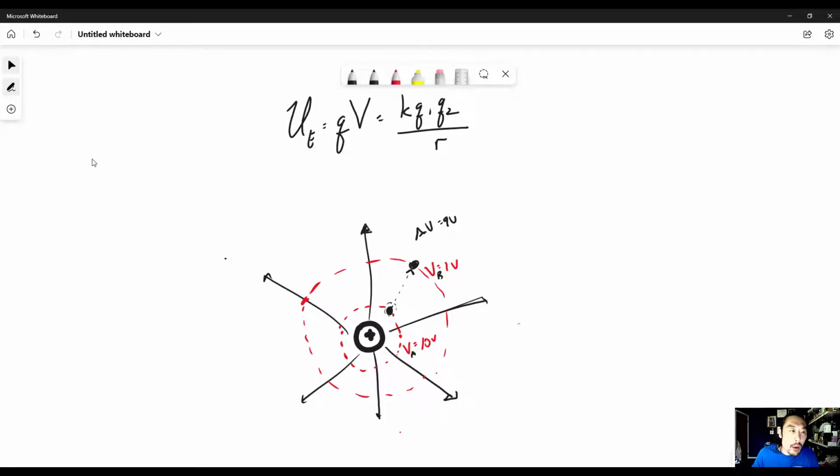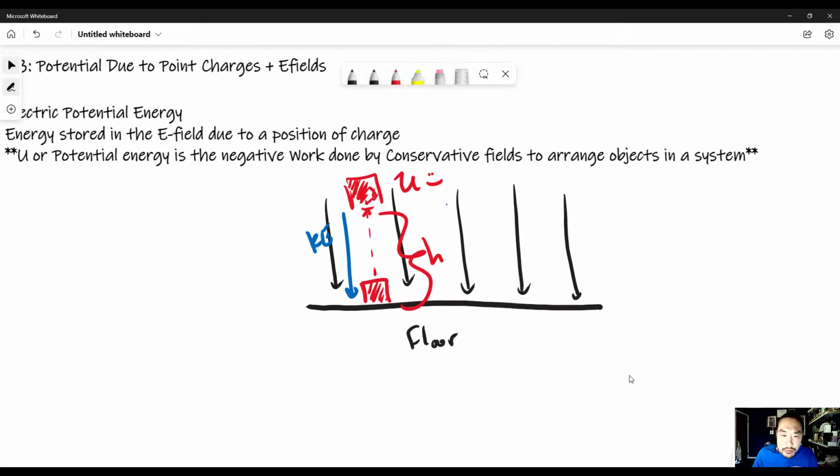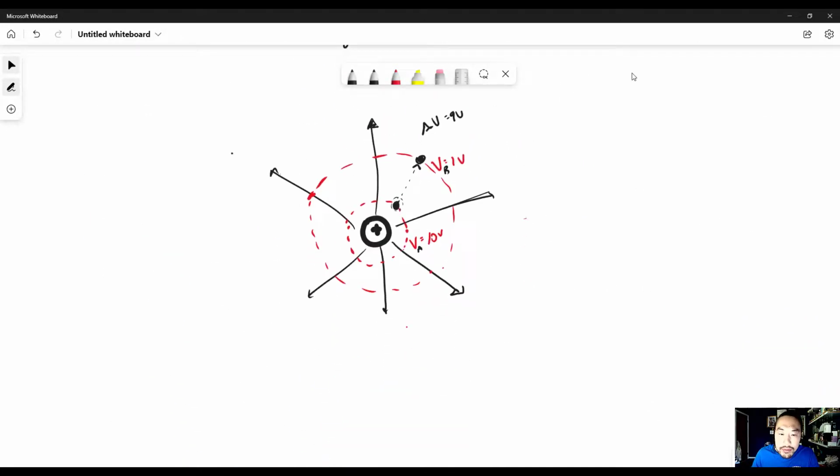And much like how we started off this entire session, if we have an object within a gravitational field and we move it within the gravitational field, we're either giving it potential energy or we're taking away potential energy. It's the same for charges.